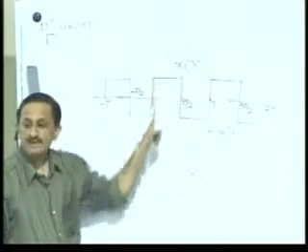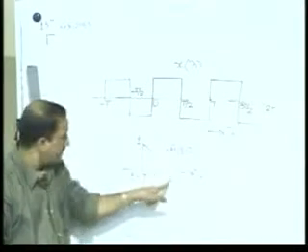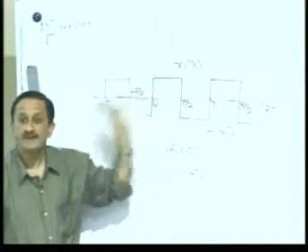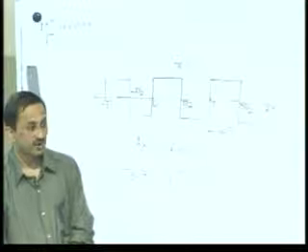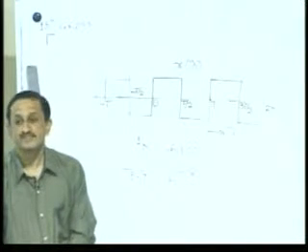Now we evaluate this convolution only for t going from here to here with this function x drawn. That will give us the same result.